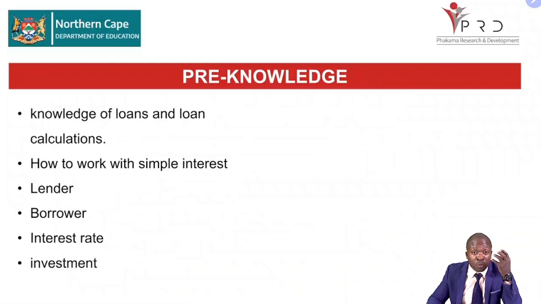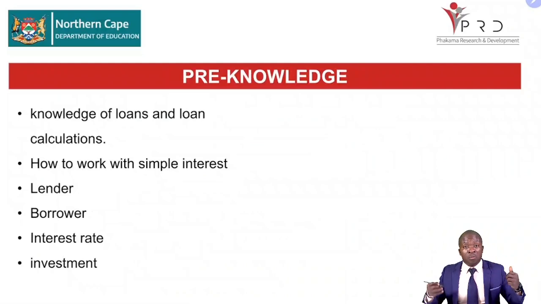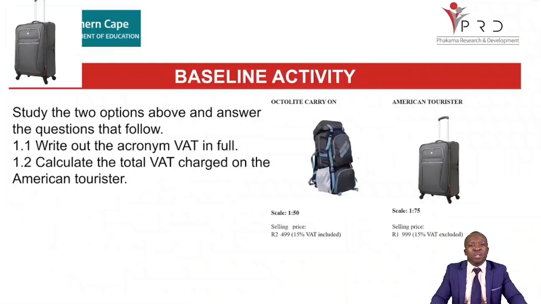You have to be able to know this time, because you are in grade 12 already, when we say simple interest, what is it? You have to know the explanation of a lender, a borrower, interest rate, investment. All these ones, we can ask you in the examination. So you have to get yourself prepared.